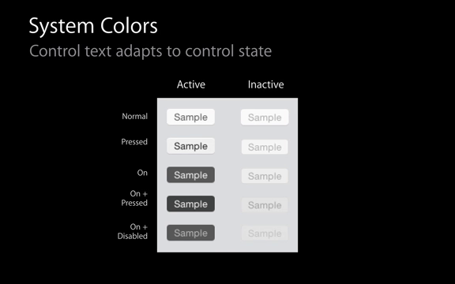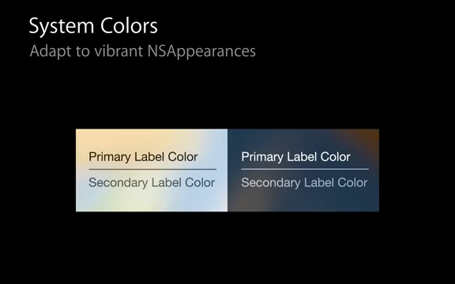I'll get to images in a second. Because there really is such a wide range of interaction and control states, and our designers have very carefully selected colors and stylings for each one of these across all the different appearances. And doing so will let the kit provide the optimal appearance, including adapting to the vibrant appearances.